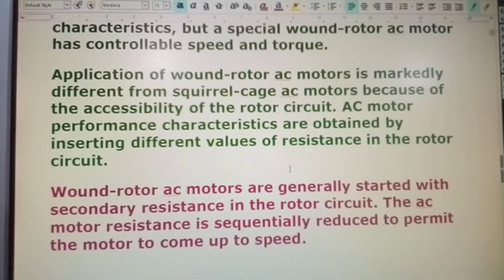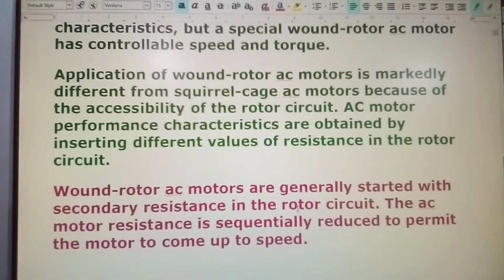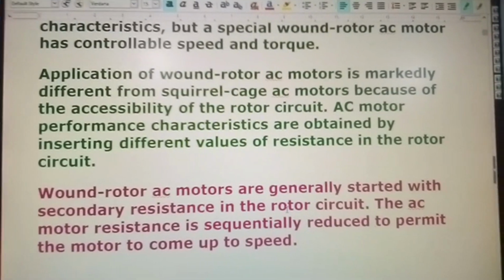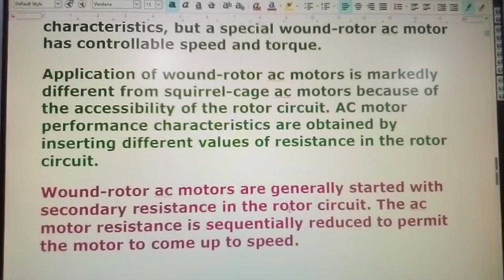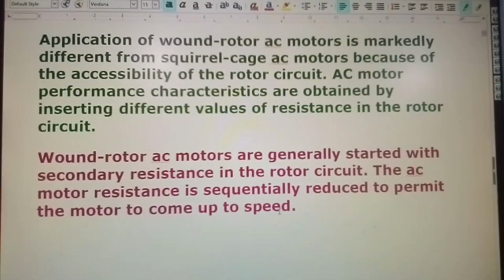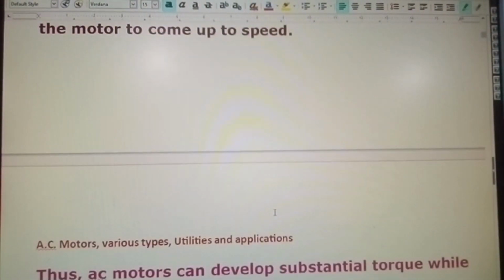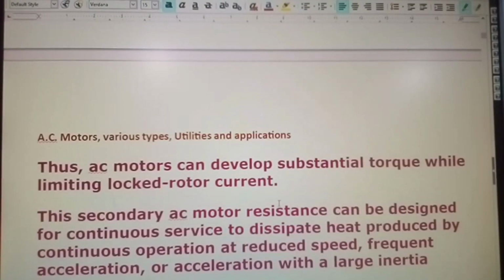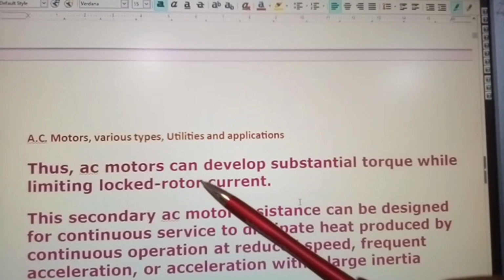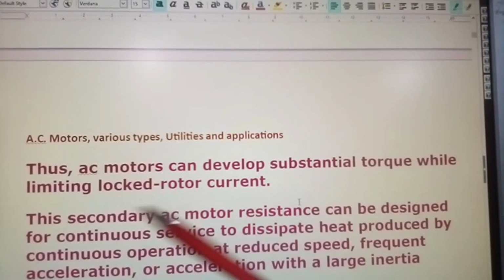It's like cranking up a car, but most of you will not know what it means to start a car by crank. I do, okay? So ask your granddad what it was like. Thus AC motors can develop substantial torque while limiting locked rotor current, okay?